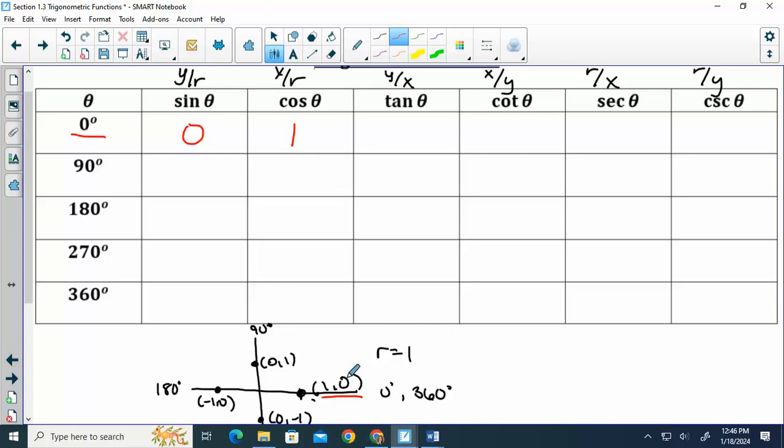Tangent is y over x. If you have these, we can easily get the others by reciprocals. Cotangent is the reciprocal of tangent. What's the reciprocal of 0? Undefined. Secant is the reciprocal of cosine. What's the reciprocal of 1? 1. Cosecant, reciprocal of sine.